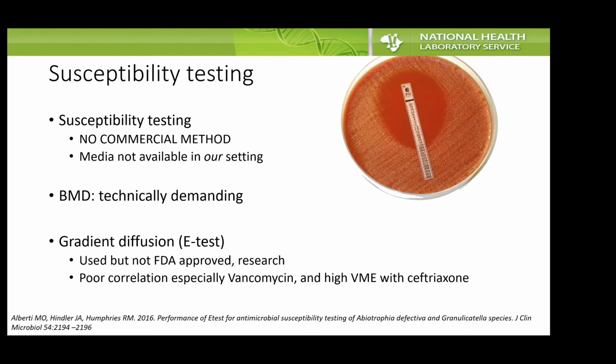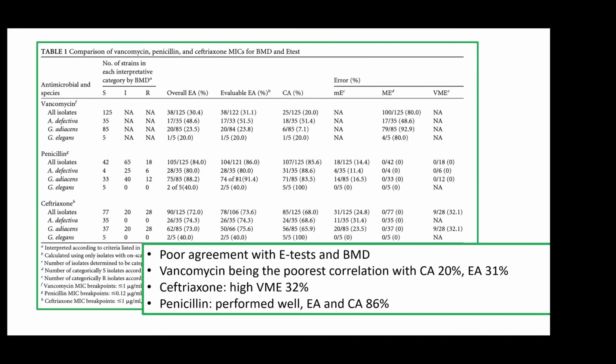An example, just so that you know what I mean, is that it would call ceftriaxone susceptible on e-test, when in actual fact it would be resistant when compared to broth. So that's basically just saying what I've just said. And then penicillin seemed to have a good categorical agreement, as well as essential agreement at about 86%.